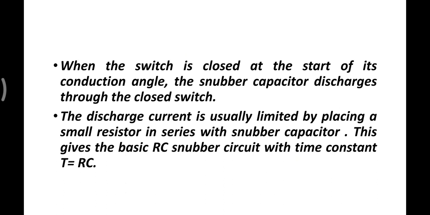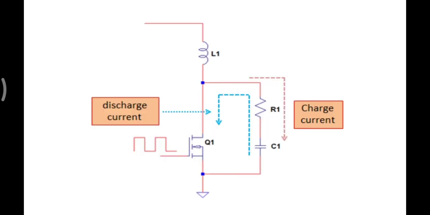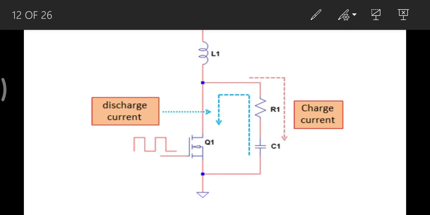Suppose we connect this snubber circuit to any SCR or IGBT or any power semiconductor device, let us see how it works. So this is the basic connection circuit diagram for the snubber circuit. See here how this snubber circuit works for any SCR or IGBT.